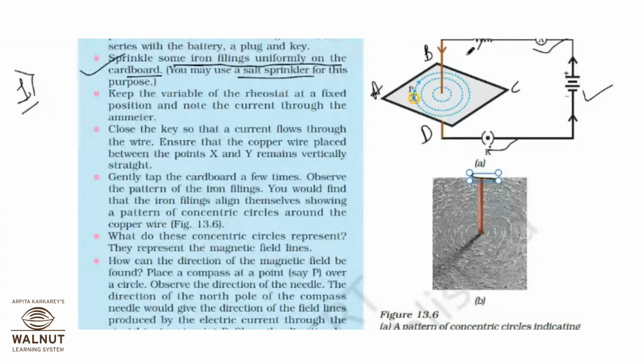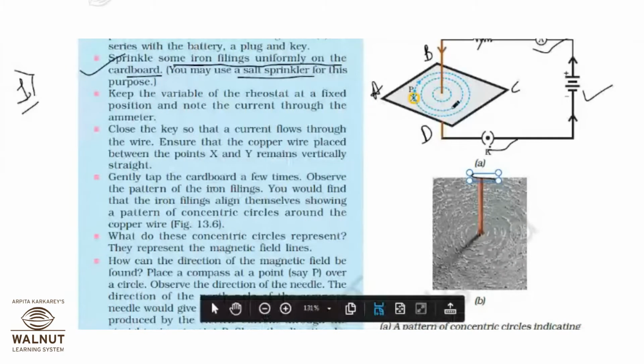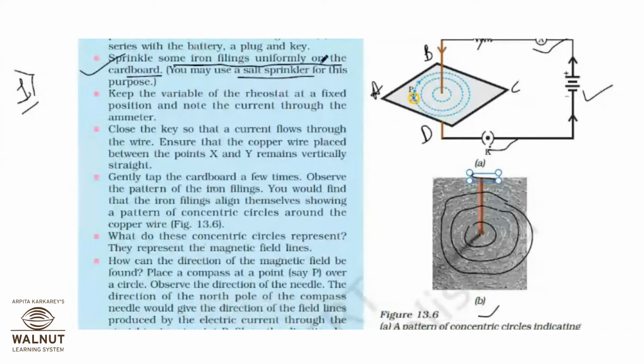So you have to remember that whenever current flows through a straight conductor, the pattern which is formed is like this. Okay, so let us study the properties. We will see why it is concentric ahead. You can also see in this figure how it is in a concentric manner like this. Okay, now if I increase the current, will the magnetic effect or the magnetic field increase in that case?